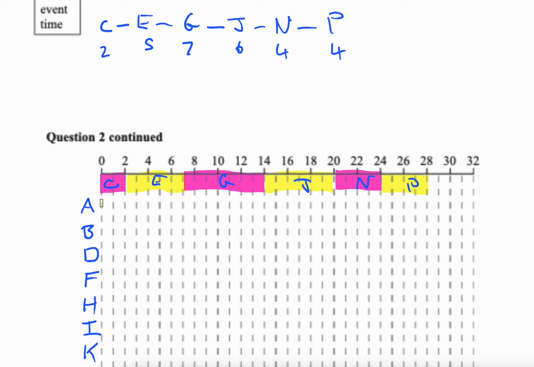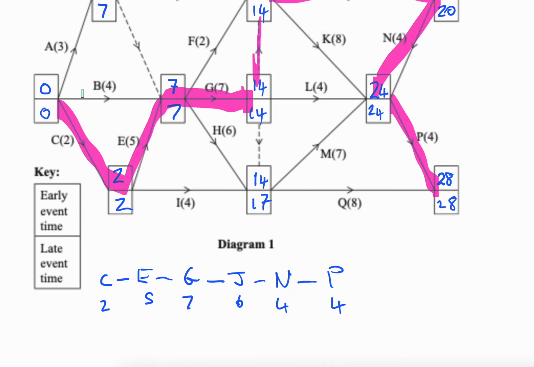So A starts at 0 and has a duration of 3 and a float of 4. Does that make sense? Yes. Okay, B can start at 0, has a duration of 4 and a float of 3.